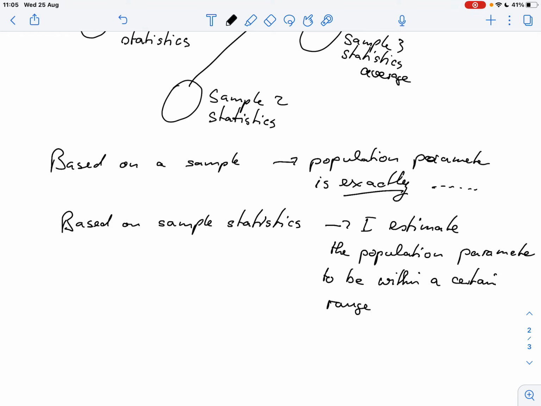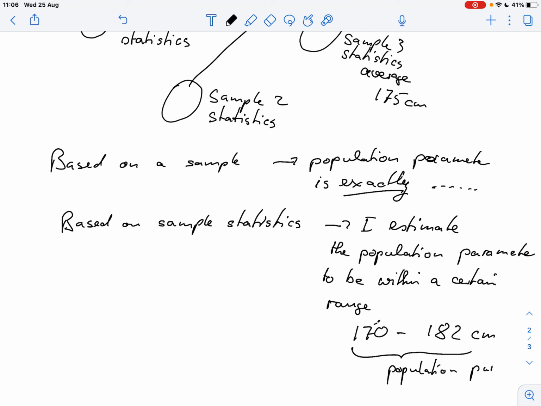So I say, I have a statistic here. The average is, say, 175 centimeters. And now from these 175 centimeters, I estimate that the average of all female students in the UK is between, let's say, 170 to 182 centimeters.